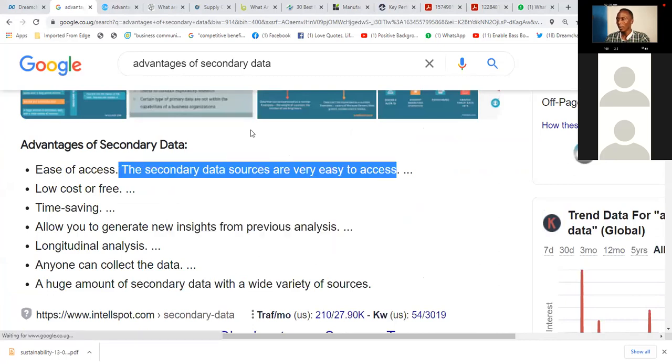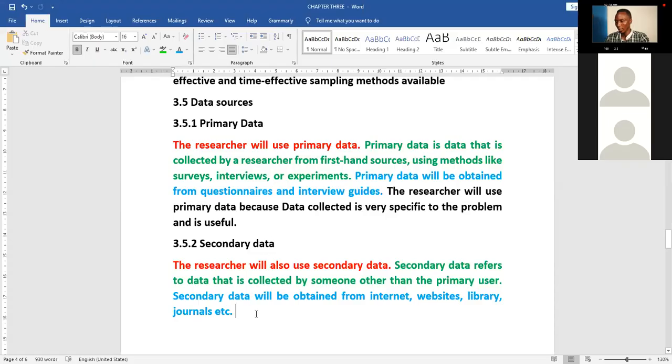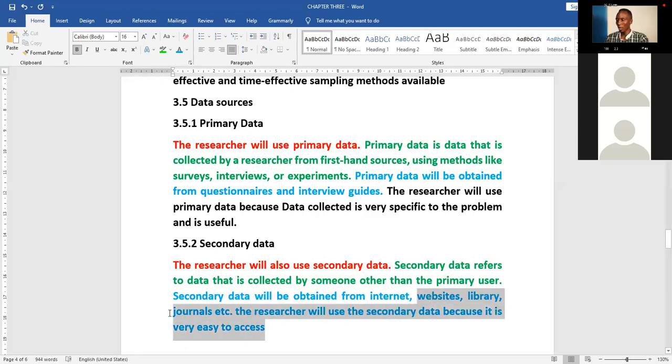You can copy that, come back here, and paste it there, just like this. Then we can say that the researcher will use secondary data because it's very easy to access, something like that. So that is the justification.